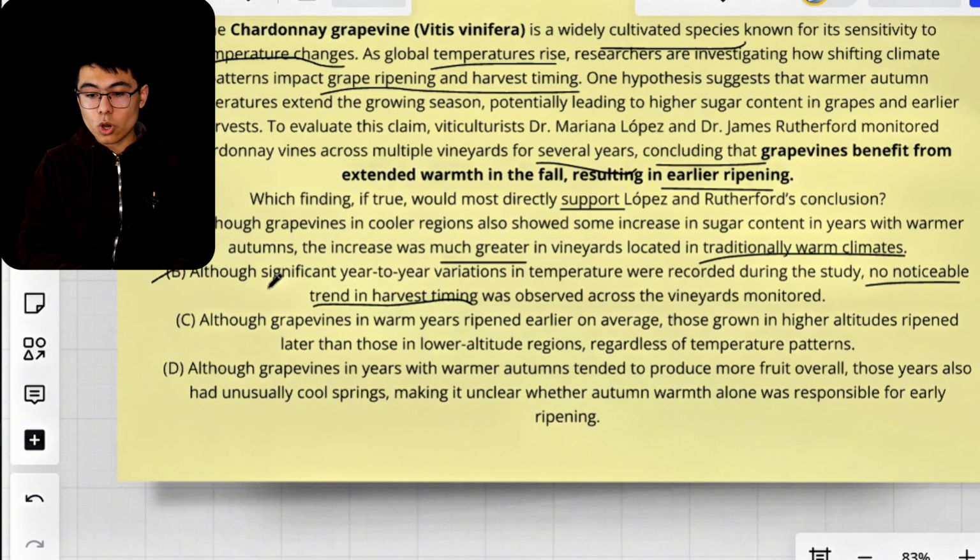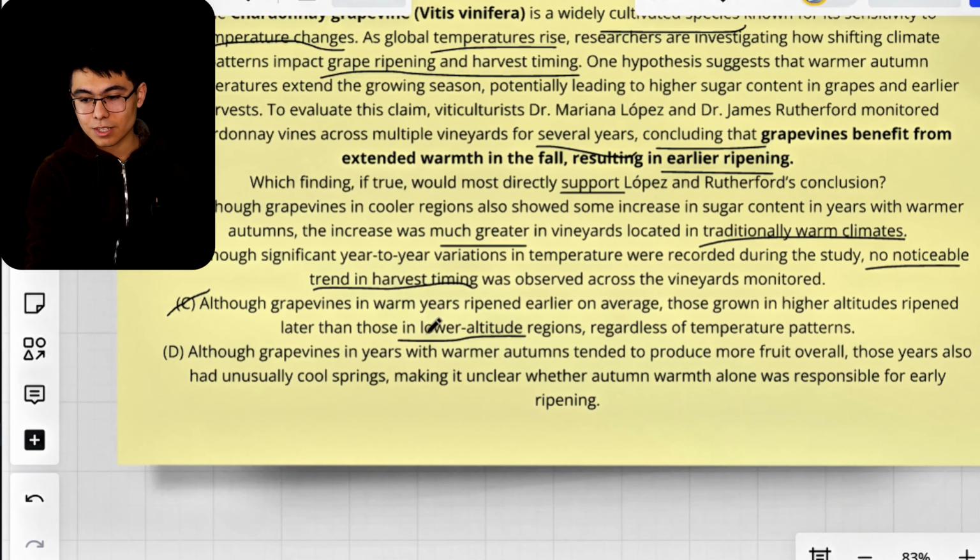Choice C, although grapevines in warm temperatures ripen earlier on average, those grown in higher altitudes ripened later than those in lower altitude regions regardless of temperature patterns. Well, this choice introduces altitude as a factor, and there was nothing about altitude in the passage. That's why we can eliminate choice C as well.